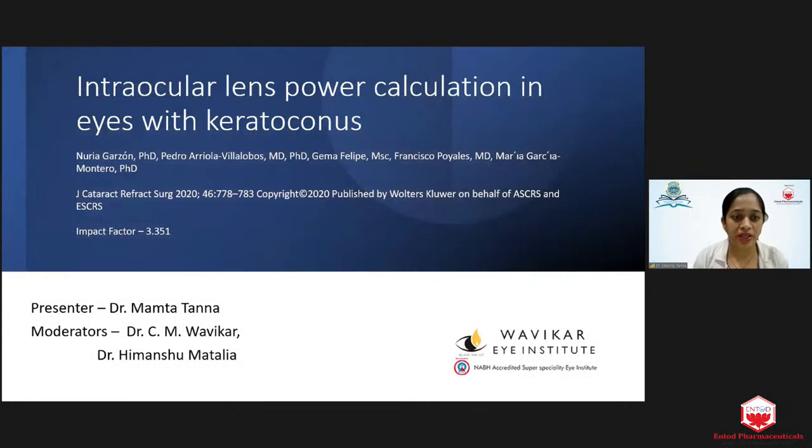Good evening, everybody. Myself, Dr. Mamta Tanna from Vavikar Institute, and my moderators are Dr. C.M. Vavikar from Vavikar Institute and Dr. Himanshu Matalia from Bangalore. Today's topic is intraocular lens power calculation in eyes with keratoconus, which was published in JCRS in 2020. The impact factor of this article is 3.351.